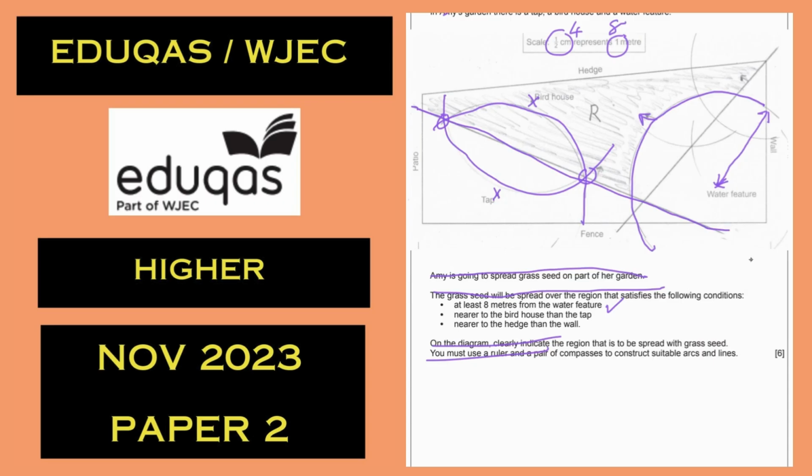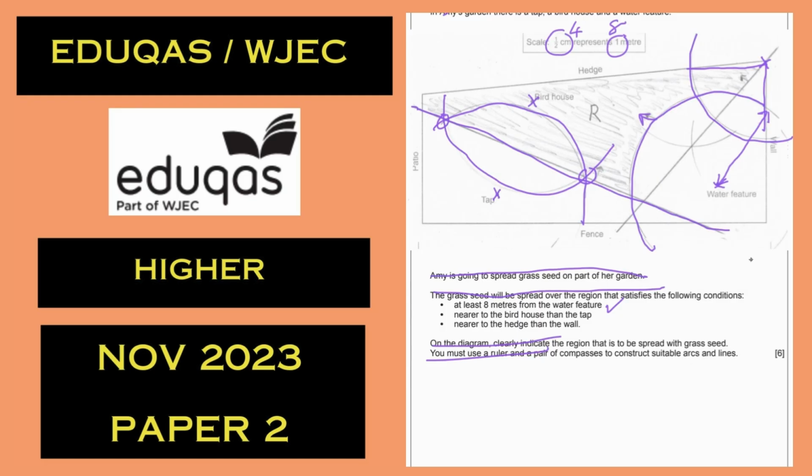Finally, nearer to the hedge than the wall. The hedge is a straight line. The wall is a straight line. You need the halfway point of two straight lines, which means an angle bisector. You grab your compass, metal point on the corner where the hedge and the wall meet, and I always draw about a quarter circle.